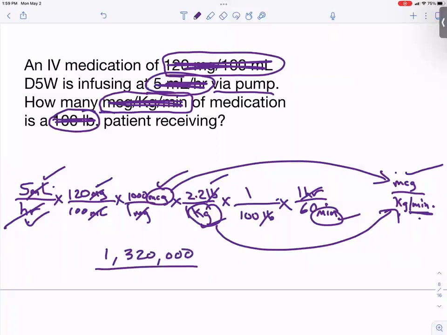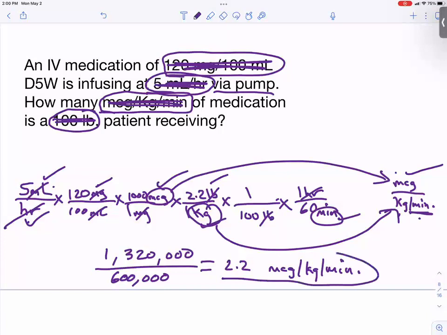And 100 times 60 gives me 600,000. When I divide that, I get 2.2 micrograms per kilogram per minute, provided my math is correct. So your answer on your answer line is 2.2 micrograms per kilogram per minute.